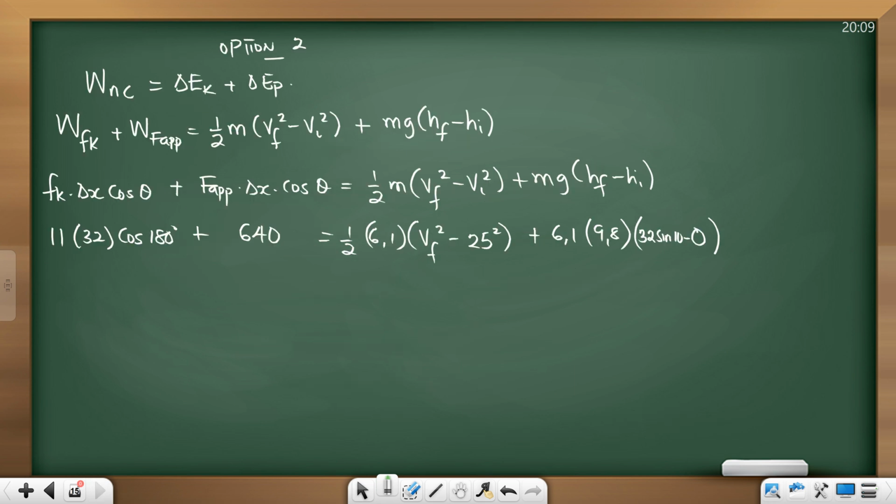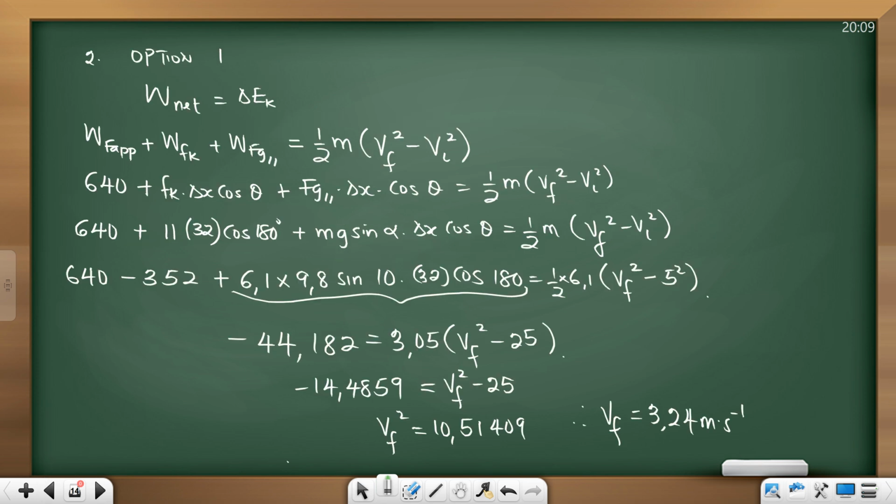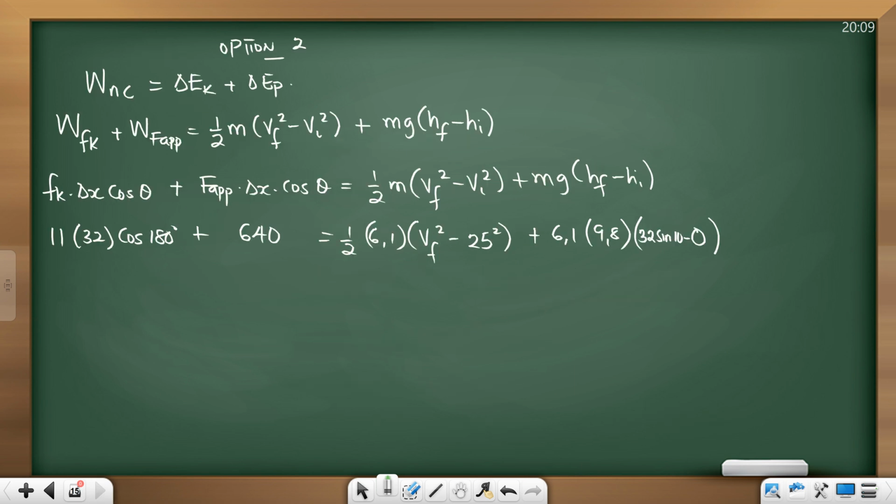Okay. What do we have here? Half 6,1. Do you see this? Okay, let's go back. It's on the right hand side. Now watch this. What do you see here? 6,1, 9,8, 32 sine 10, because 32 sine 10 minus 0. Are you with me? I want to show you where this is. Do you notice it's on the right hand side here?